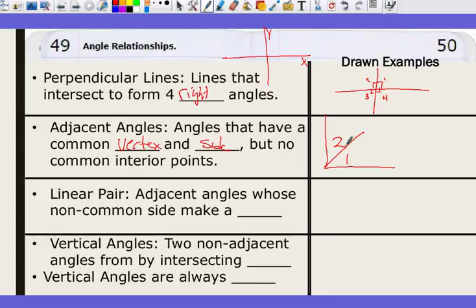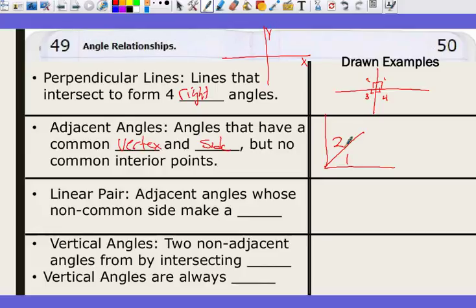Okay. A linear pair is a special type of adjacent angles that form a straight line. They look something like this. If you have this red angle, you could have this green angle. If you combine them at the vertex and you make them share that side, see how they make a straight line?